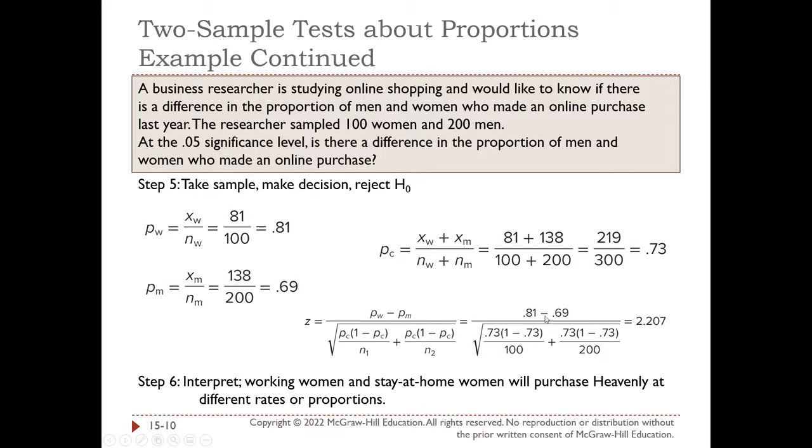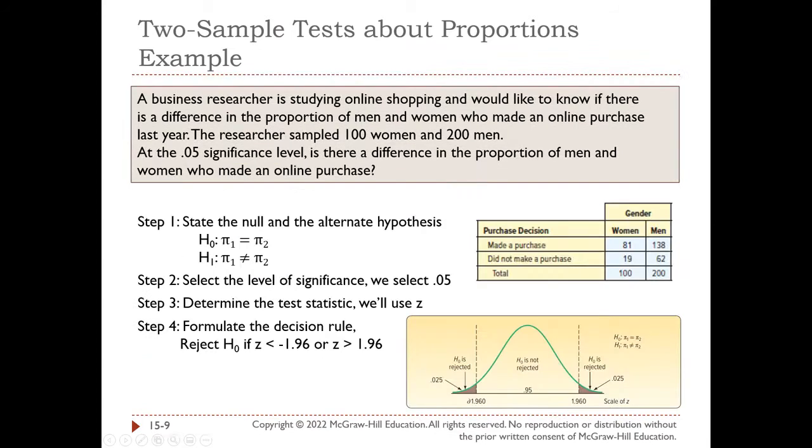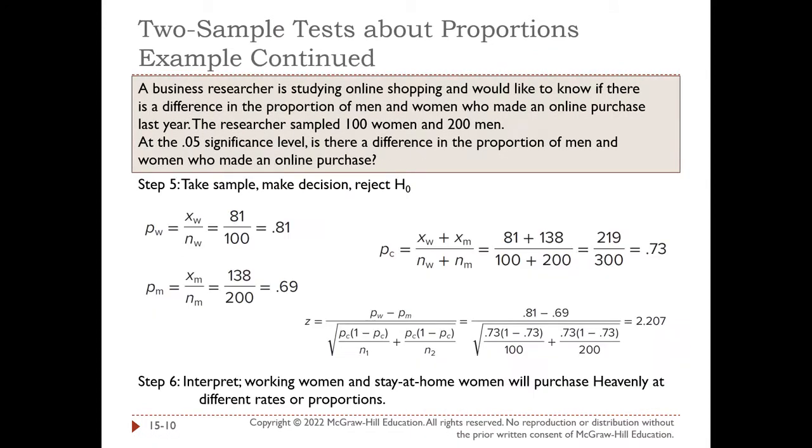So we subtract our two proportions individually and use our pooled one. The pooled proportion is down here at the bottom. It comes out to 2.207, which is greater than 1.96. So we interpret that working women and stay-at-home women will purchase at different rates or proportions.